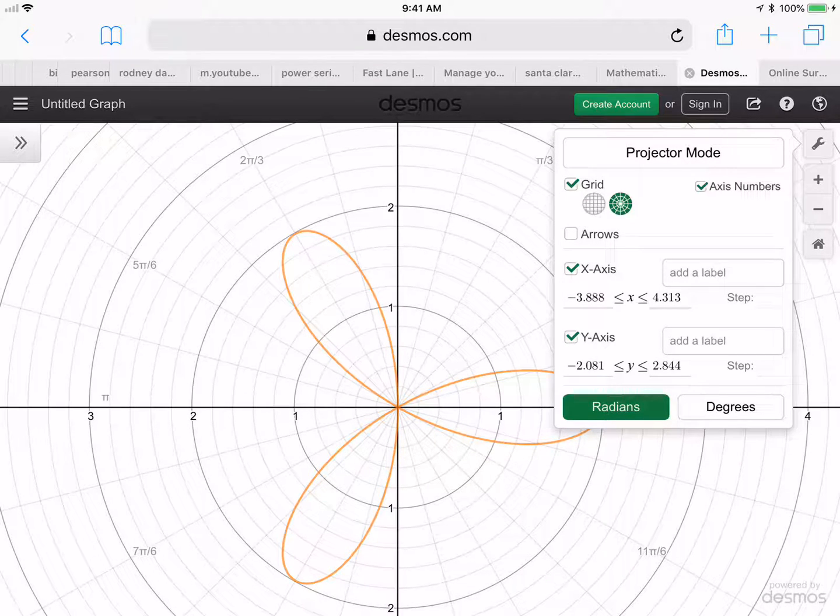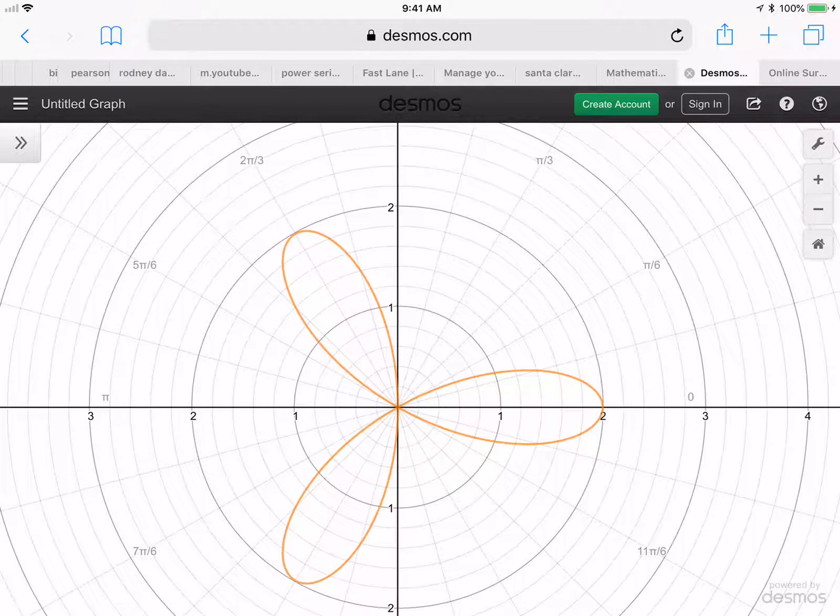Okay, and now as we look at it with the polar grid, the curve makes more sense because it's actually following. The boundaries and the limits of the curve make more sense when you look at it in terms of polar coordinates, because you see how the r and the theta are impacting each other. Okay, all right, so practice these because I love to put in a question like this on the exam.